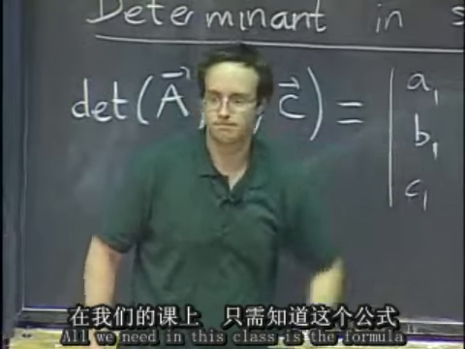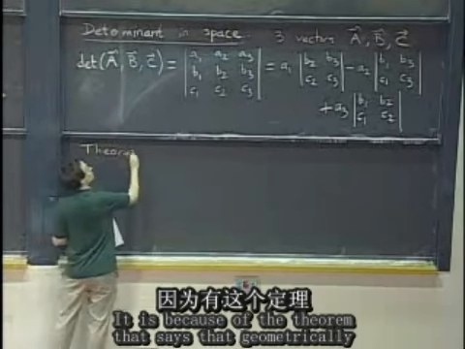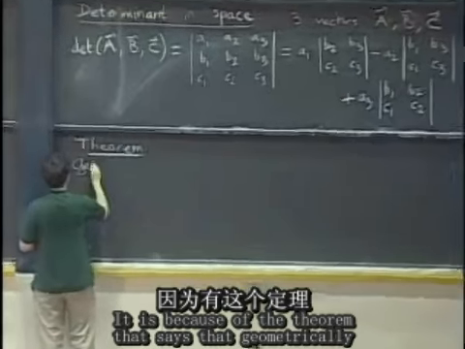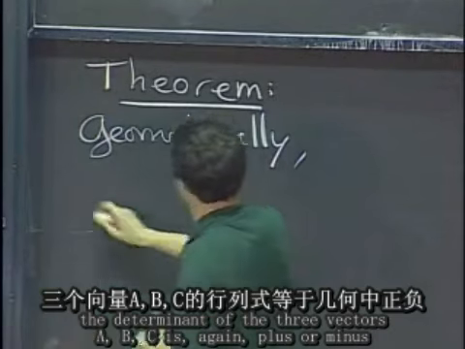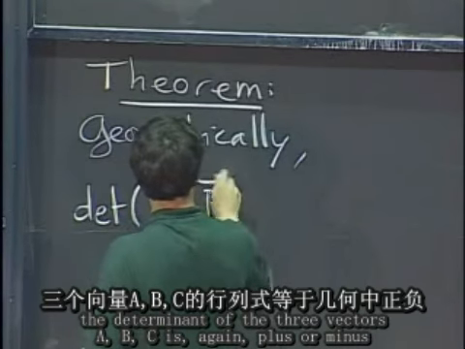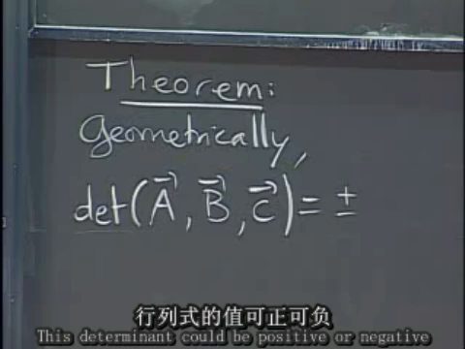So why do we care about this formula? It's because of a theorem that says that geometrically, the determinant of the three vectors A, B, C is, again, plus or minus the volume of the parallelepiped. This determinant could be positive or negative.